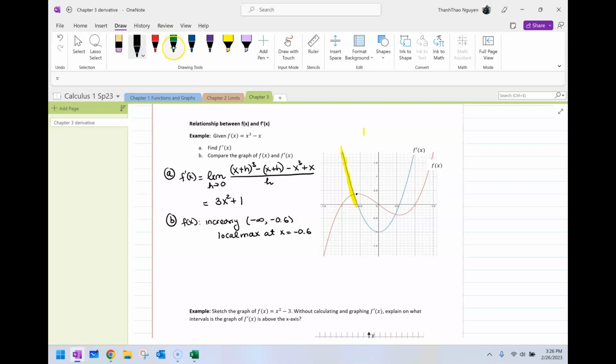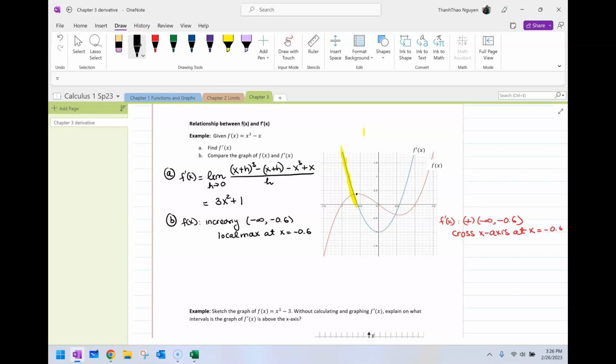That corresponds to f prime of x being positive in the interval from negative infinity to negative 0.6. It crosses the x-axis at x equal to negative 0.6.